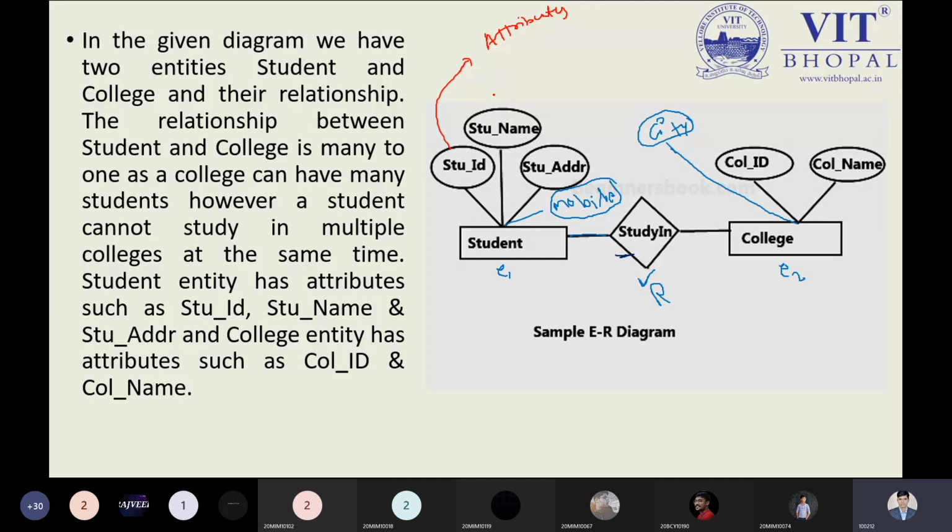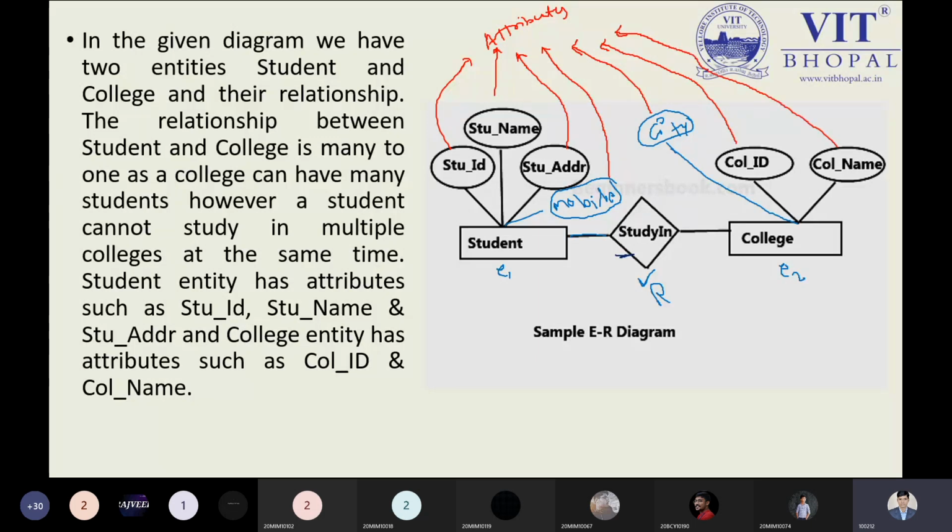Student name is an attribute. Student address is also an attribute. Mobile number is also an attribute. And the city in which the college is available, the college ID, all these are attributes. All these are associated with the entity. That is the point.